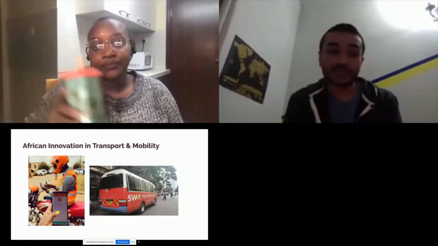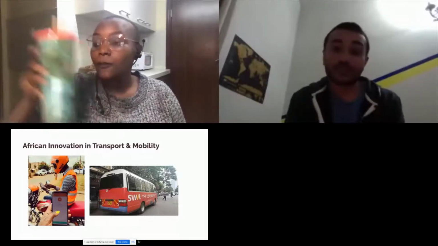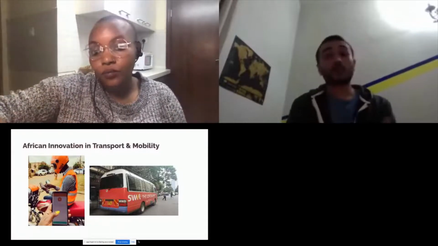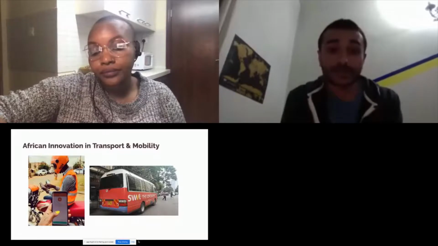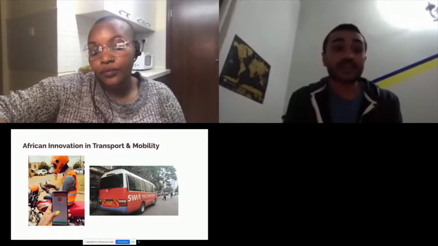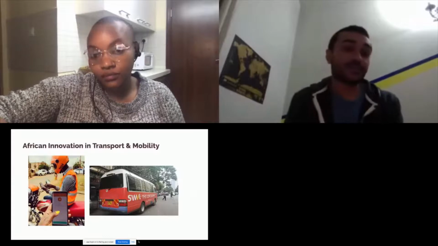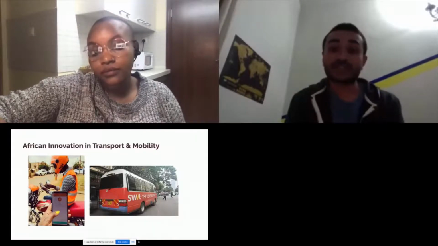And this is actually one of my favorite examples. I love talking about issues related to transport. And I feel like Africa in general, and Kenya, is such a unique context because we don't have efficient public transport like in Europe. It's not like we have the best roads here.